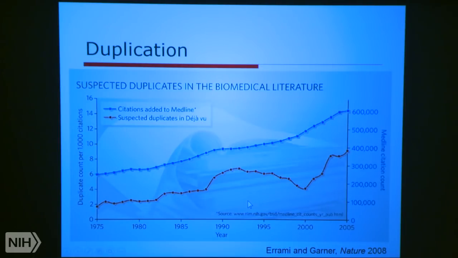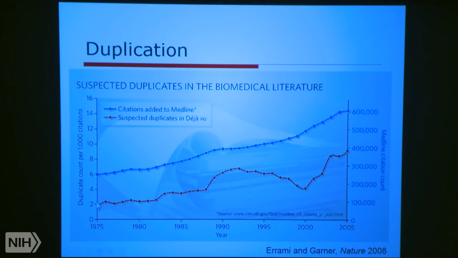So here is an interesting graph that was published in Nature several years ago, and you can see here over time the citations to Medline, rising up to 600,000 citations here, and then the number of duplicates per 1,000 citations, on this axis.